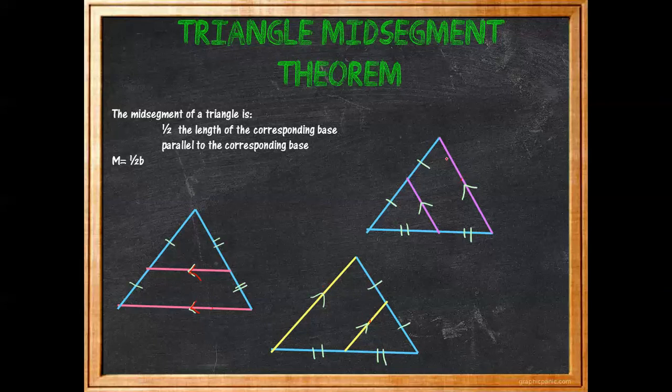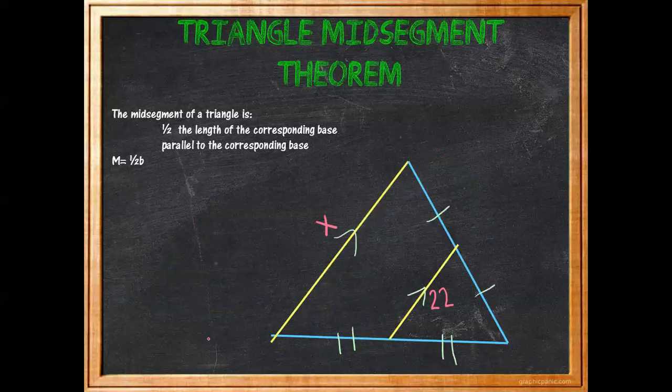And again, they're both parallel. If we know that the mid-segment is half the length of the corresponding base, then our equation is M equals 1/2 times B, or we can say M equals B over 2.